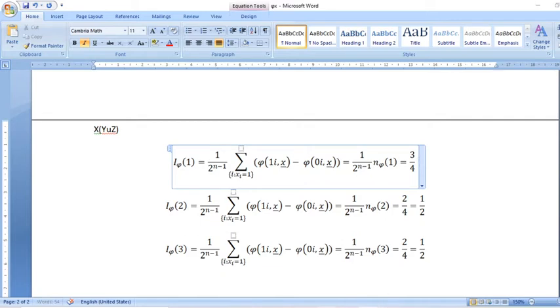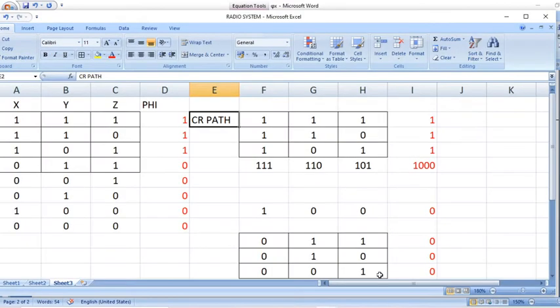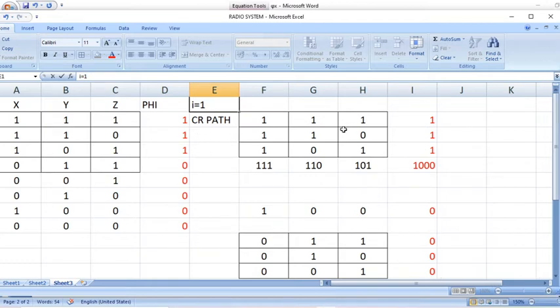Now let us consider the second component. Second and third are symmetrical, so we need only check one. We consider the situation of when I equal to 2. When I equal to 2, what are the critical factors?